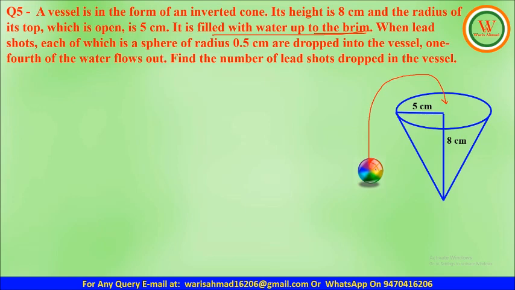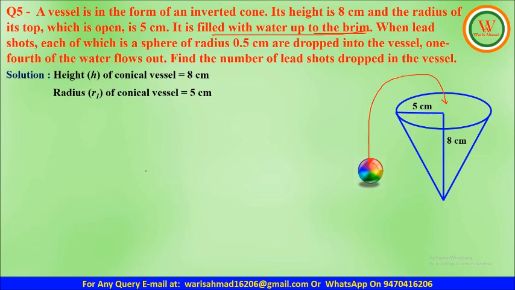In the very first line, we can write the height of the conical vessel, which is already given, 8 centimeter, and the radius of this conical vessel is 5 centimeter. Here I have taken R1 as the radius of the conical vessel. Now the radius of the lead shot is given 0.5 centimeter.